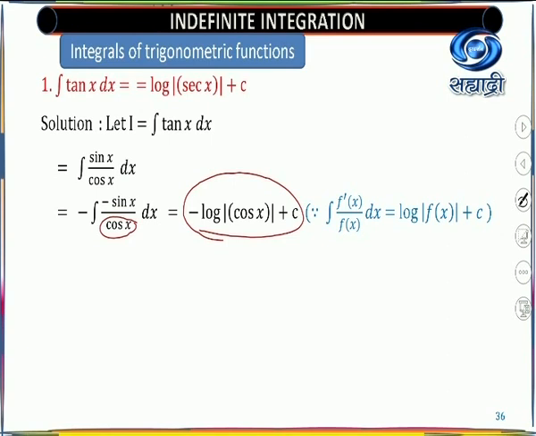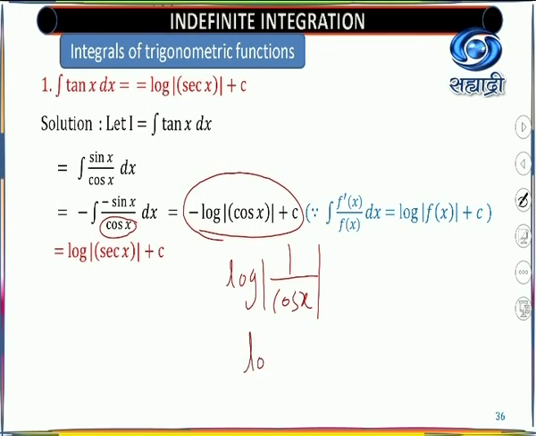You have already used the identity that this is nothing but log of... You are able to convert this into a positive thing, that is log of mod of 1 upon cos x. Because minus log of x means, I will write here properly, you are able to write this as log 1 minus log of mod of cos x. Look at here, you are using the identities properly.